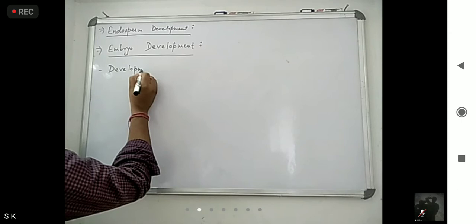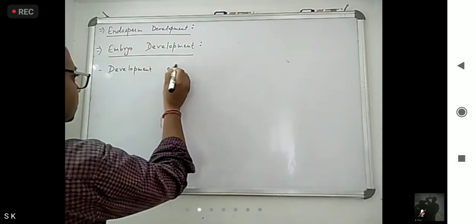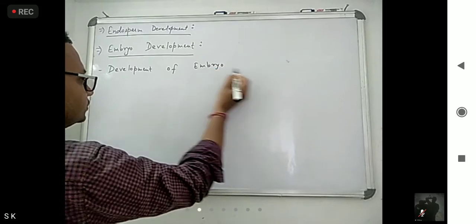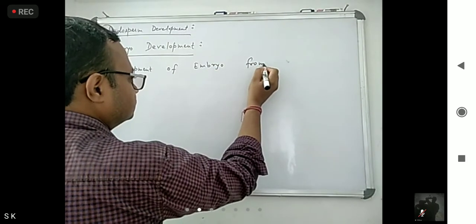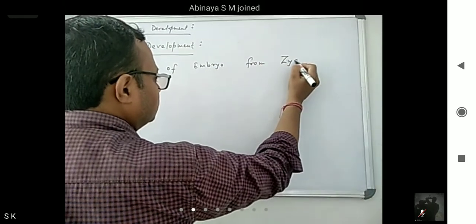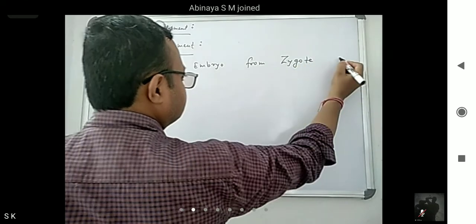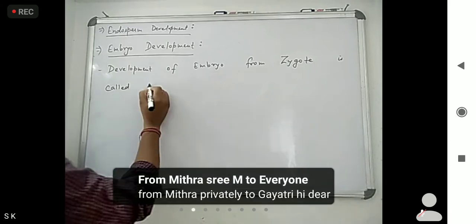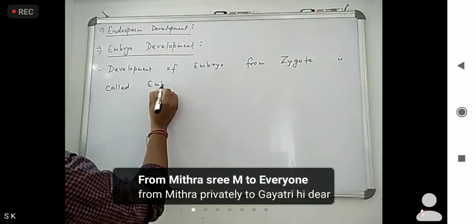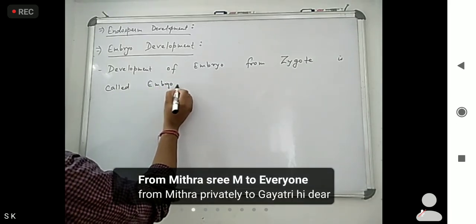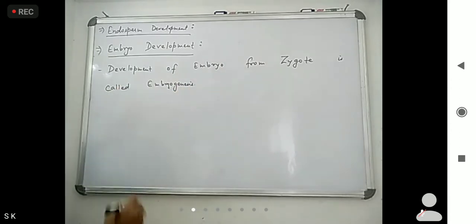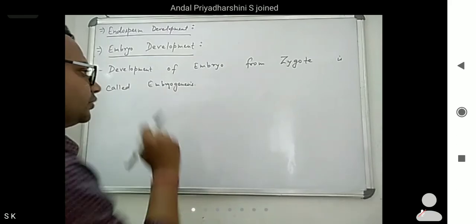Okay, so development of embryo from zygote is called what?